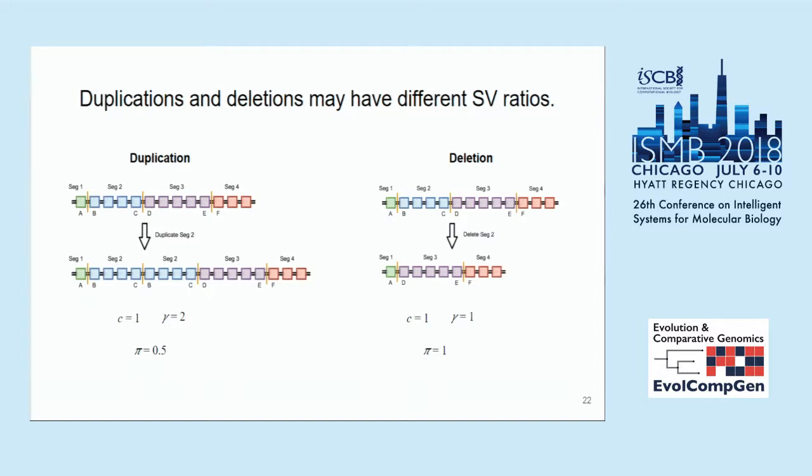And their ratio is 1/2. In the situation of the deletion, when segment 2 is deleted, we look at breakpoint A. And we see that the copy number of this breakpoint is 1. But the copy number of the segment containing that breakpoint is also 1, making their ratio 1. So forcing the copy number of breakpoints to remain consistent across nodes helps maintain the distinction between these two different copy number variant types.